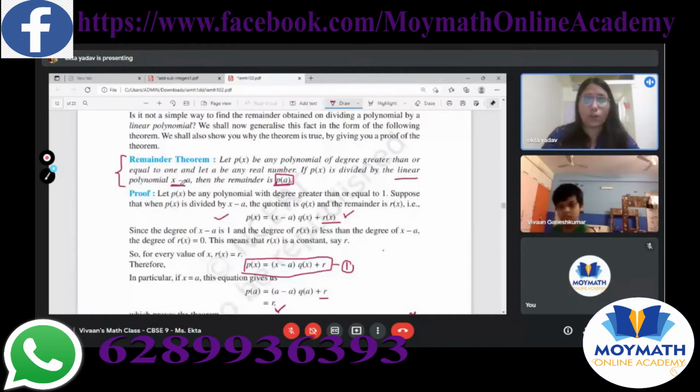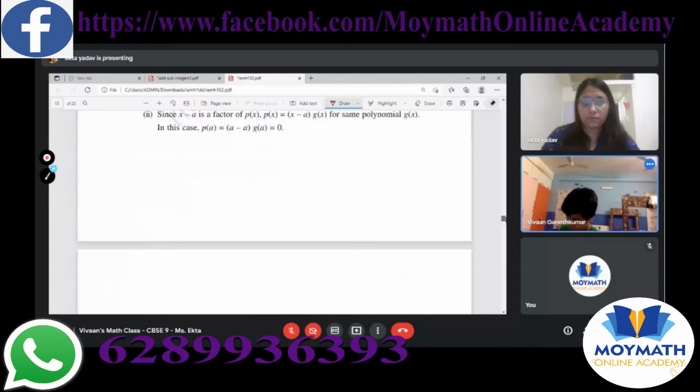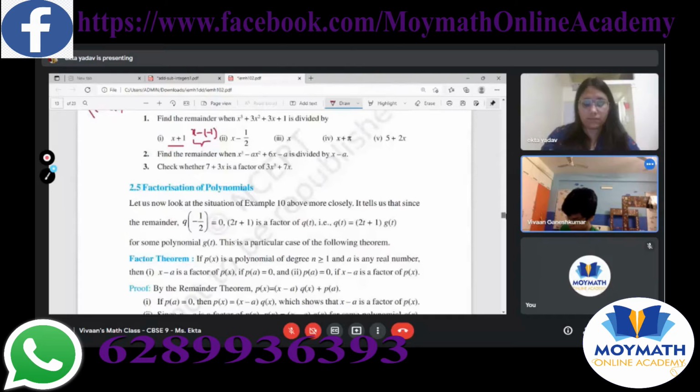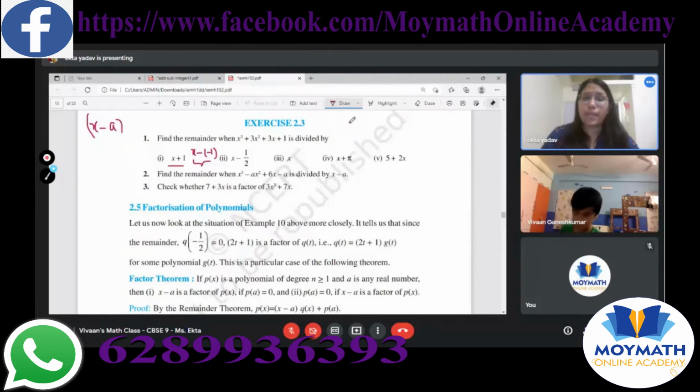See, it's divided by the linear polynomial x minus a. So put p(minus 1), that we need to find.